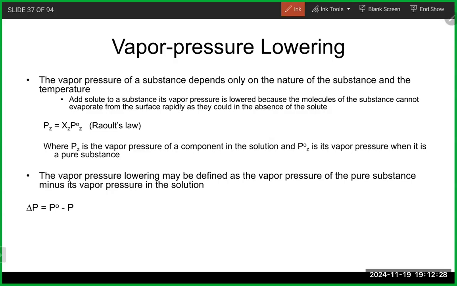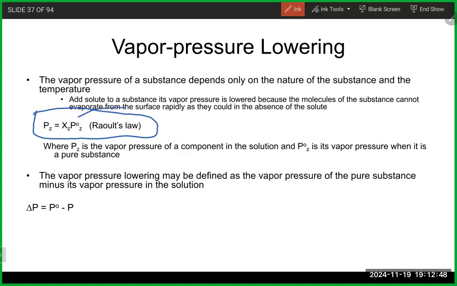We can calculate this using Raoult's law, and that is P_solution, which is the vapor pressure of the component in the solution, equal to the mole fraction of that component times the vapor pressure of the pure substance.